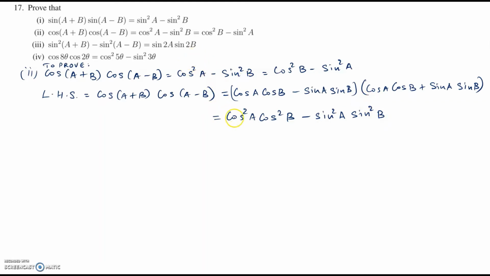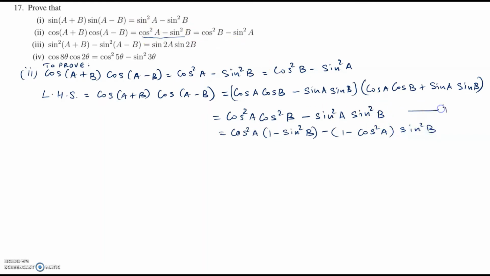Now let's change all the terms which are not here into terms which are here in this first part of the question. So we have cos squared a, so that's fine. We don't have cos squared b, so change that into sin squared b because we have that here. So this becomes cos squared a into 1 minus sin squared b minus, again sin squared a is not there, so change it into 1 minus cos squared a. Cos squared a is there into sin squared b is there, so this is sin squared b.